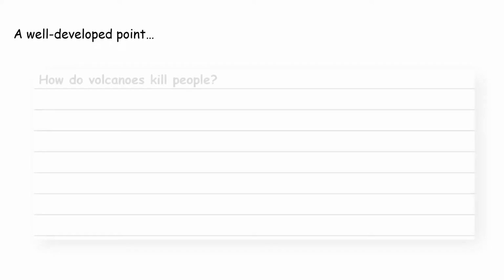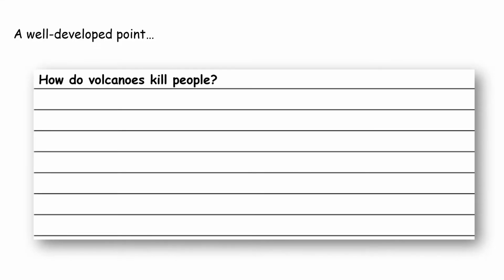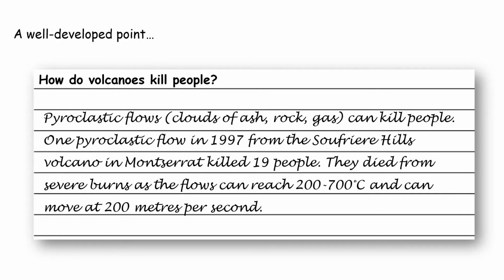So here's an example of a well-developed point that uses PEED. How do volcanoes kill people? There is my answer. So firstly, the point is, this time, pyroclastic flows. My example, well, in 1997, there were pyroclastic flows on Montserrat in the Soufriere Hills.